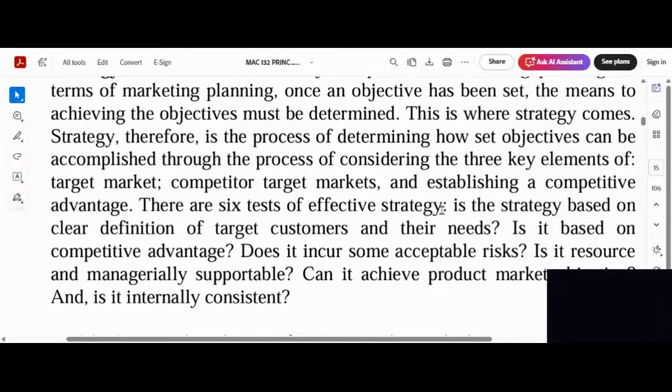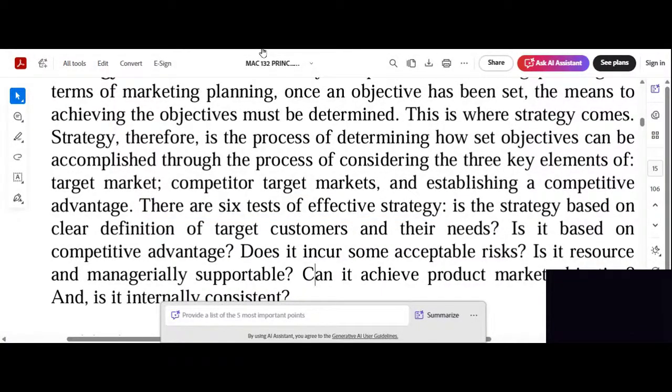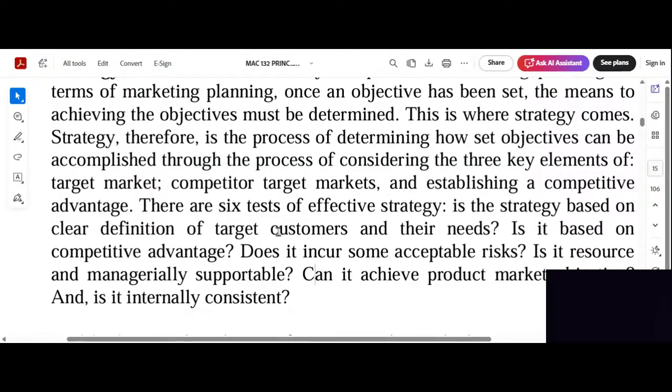Your strategy must answer this: does it incur some acceptable risk? The kind of risk the strategy you want to adopt carries, is it acceptable or unacceptable risk? So your strategy must stand well on that question.